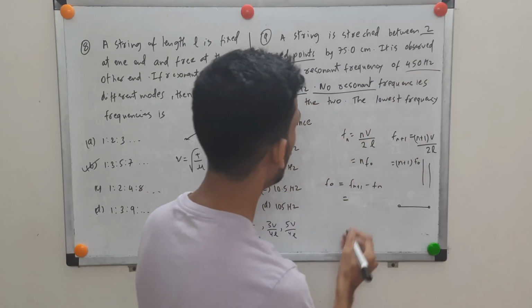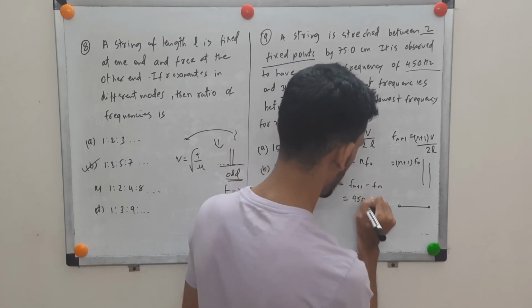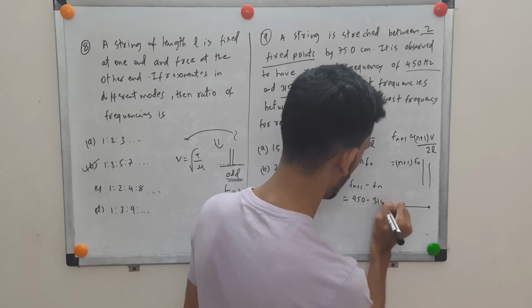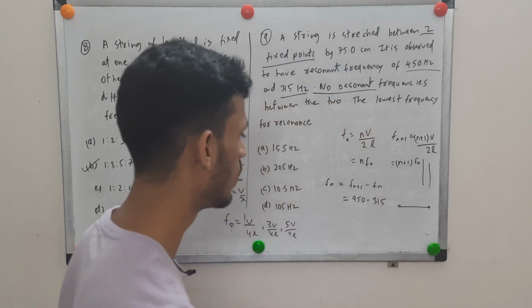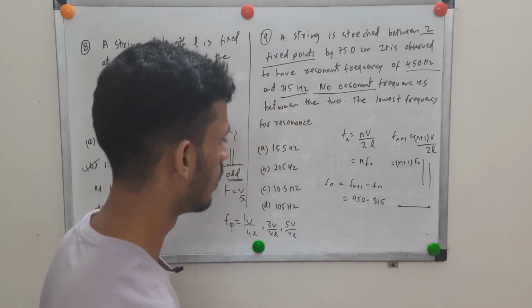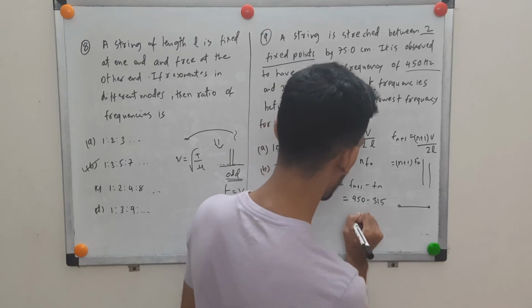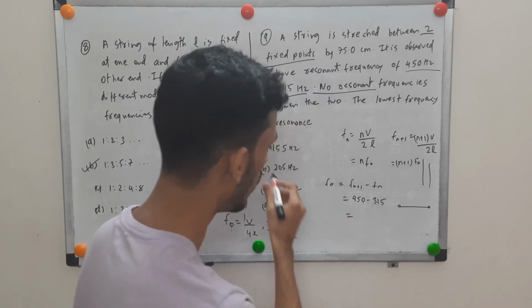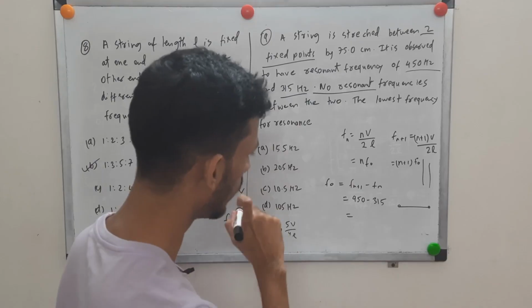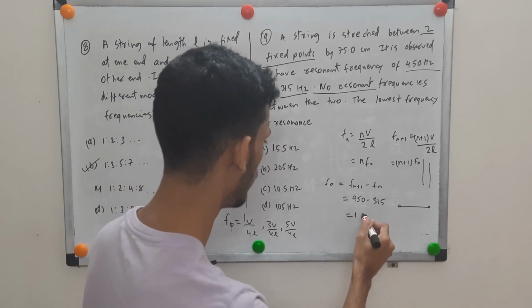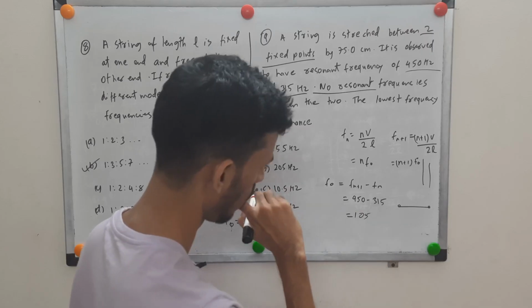So what is that? 450 minus 315. 300, if you remove 150, you will have 150. It can't be 150, lesser than 150, so 105, I hope, right?